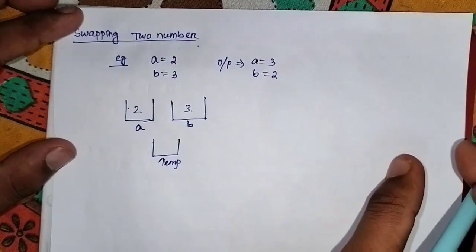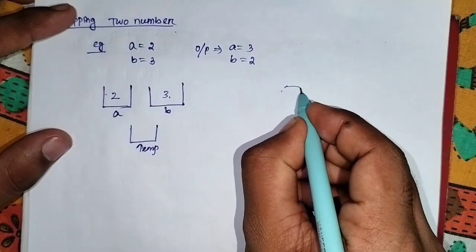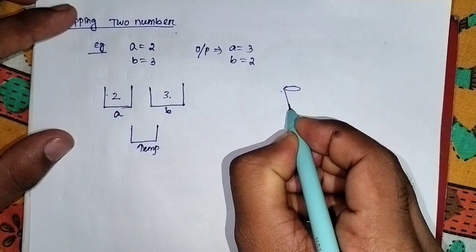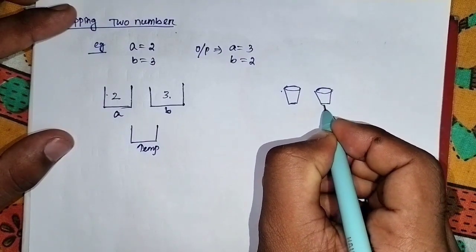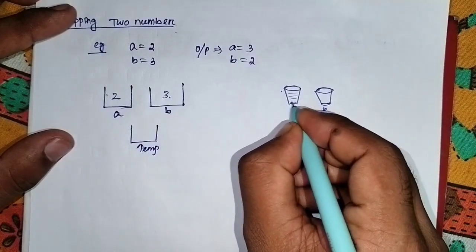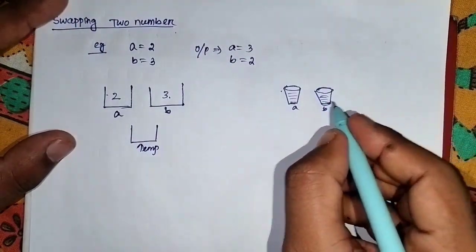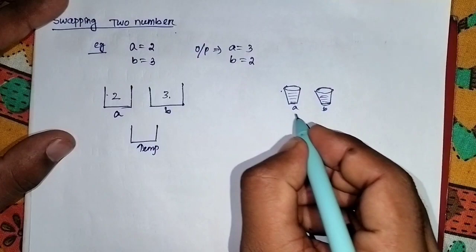Think you have two glasses or two buckets full of water. In the first bucket you have 2 liters and in bucket B you have 3 liters of water. How will you transfer the water of bucket A to bucket B?